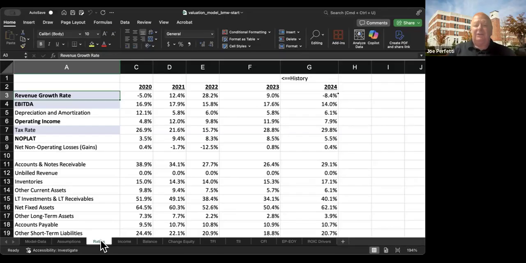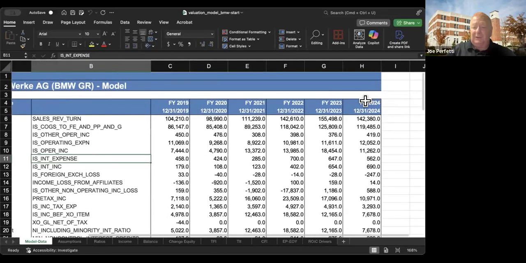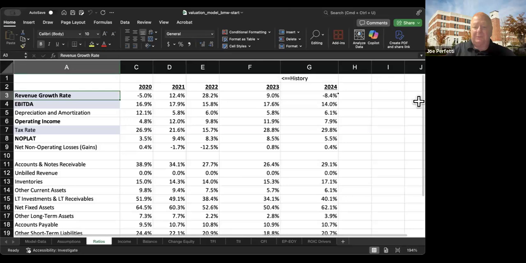We have 6 years of historical data for BMW going through 2024. On the assumptions tab, cell B2 says, what is the last reported year? Look over here, 2024, because we're going to build a relative model based on this last reported year. It's already set to 2024. So we're going to start with ratios.